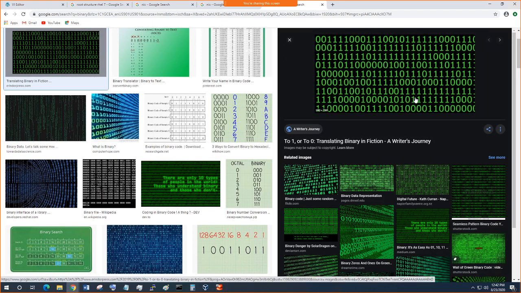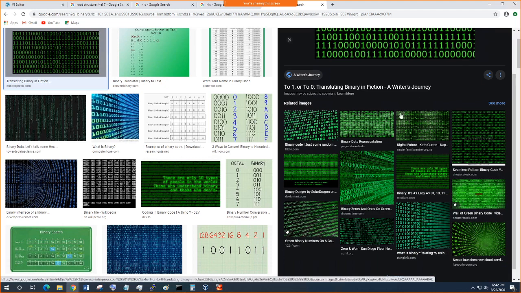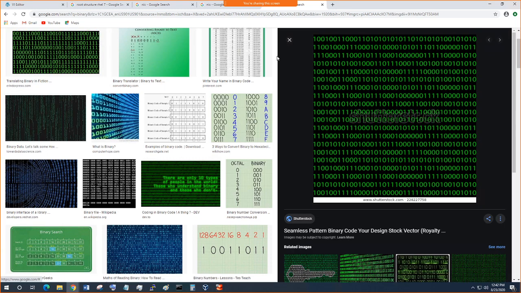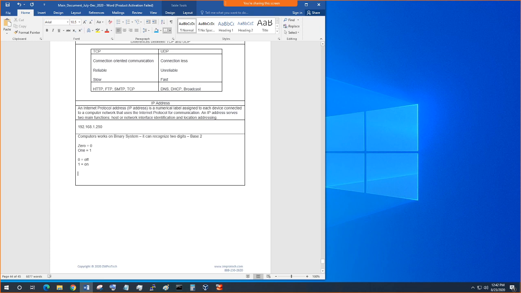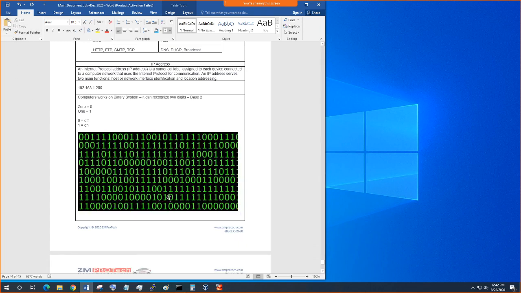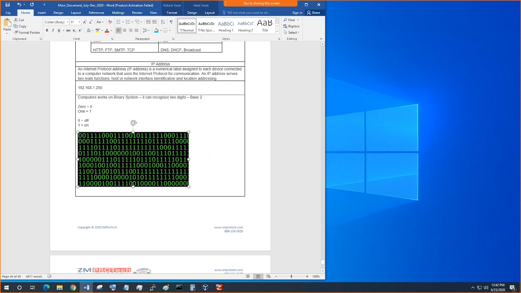This is what the computer recognizes. This is how it saves it on the disk. So I'm gonna grab this picture, copy, and paste it right here. Oh, it worked this time. So this is what the computer understands. This is the computer language.